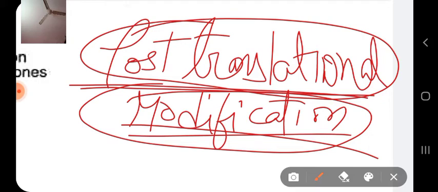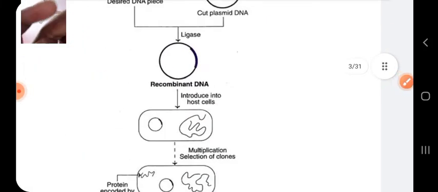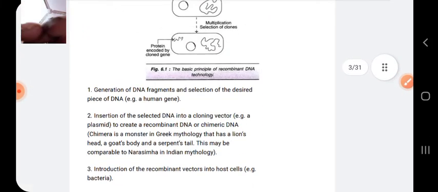For example, we use the Chinese hamster ovary cell line, or CHO cell line, as a host cell. DNA replication is achieved when we can get millions of our desirable gene segments from the colony of transformed cells. So this was the overview of genetic engineering.